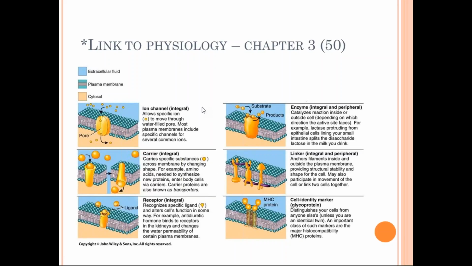In this PowerPoint, I just like to remind you of some of the different channels in a cell membrane. If you're not sure about some of these, go back to Chapter 3, page 50, find the diagram that we drew if you still kept it, and you'll learn about all the different integral proteins in the cell membrane.